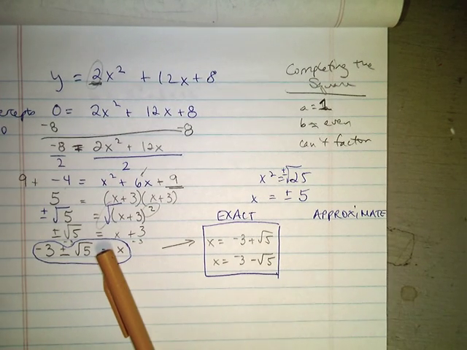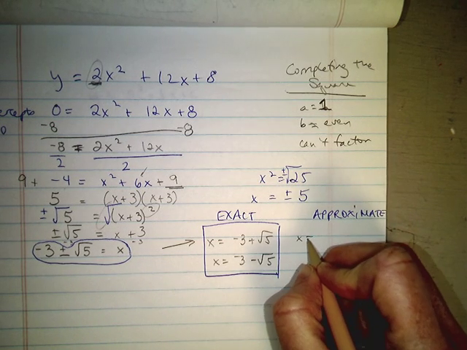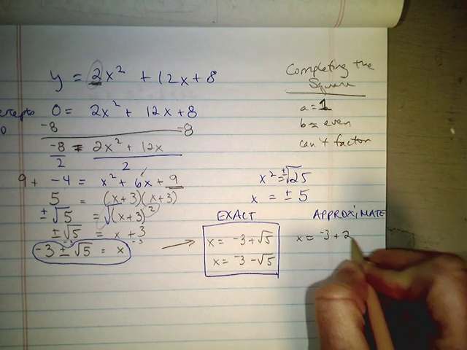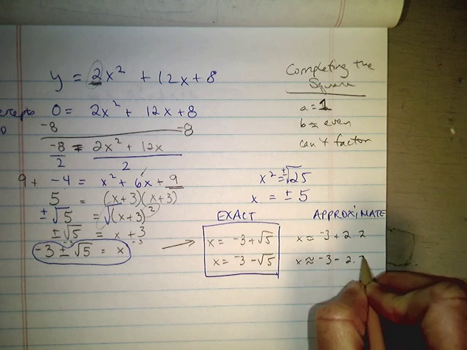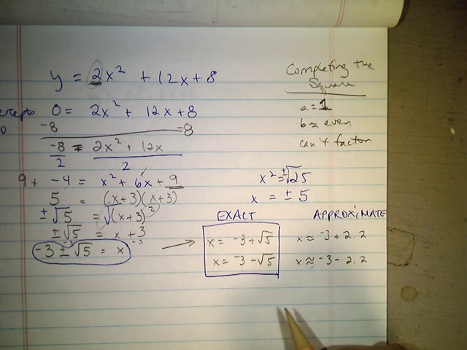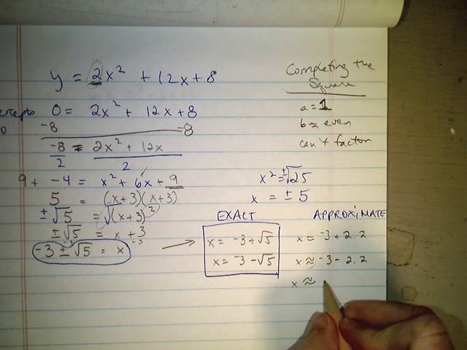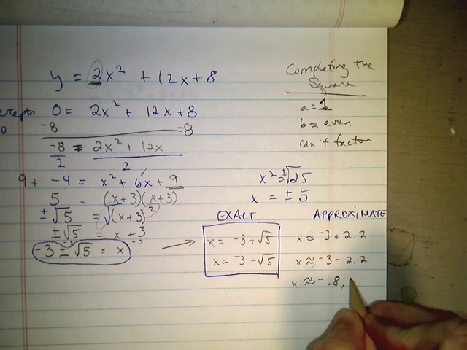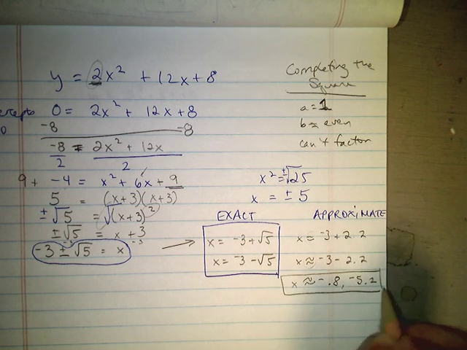So if I were to approximate, the square root of 5 is about 2.2. So I could say x is about negative 3 plus 2.2, and x is about negative 3 minus 2.2. This symbol here means approximately. So my two x-intercepts here are about negative 0.8 and negative 5.2. So that means my two x-intercepts on my graph are about there.